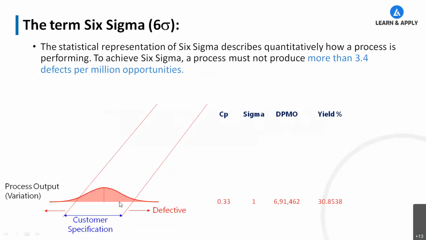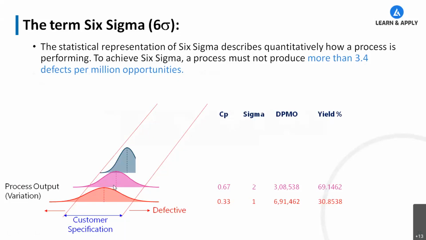Most of the products will go beyond this customer specification. If we improve from 1 sigma to 2 sigma, let's see what happens. We have improved this process. Now we have reached 2 sigma level, and the defects level has come to around 3 lakhs, and we are getting around 69% yield, meaning good parts. 69% of parts are falling within these customer specifications.